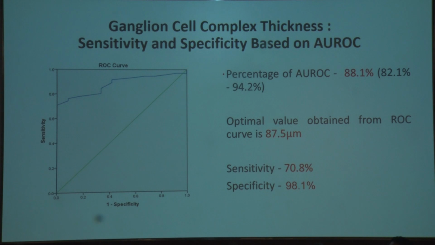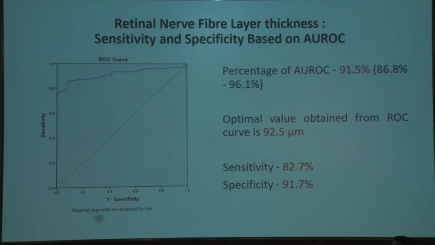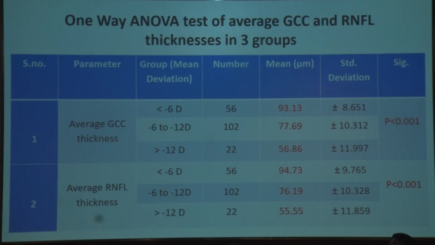The AUROC curves were used to determine the sensitivity and the specificity of GCC as well as the RNFL thicknesses, which were 70.8% and 98.1% for GCC respectively, and for RNFL it was 82.7% and 91.7% respectively. A one-way ANOVA test was used to find the association between the visual fields and the GCC and the RNFL thicknesses.